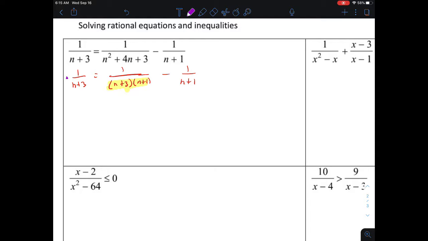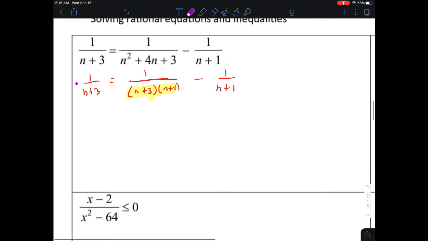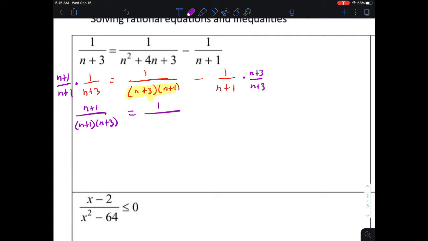So I'm going to do my adjustments: multiply the fraction on the left side of the equal sign by n plus 1 over n plus 1, and the fraction on the far right has got to get multiplied by n plus 3. Then we'll rewrite everything. We have n plus 1 over the product n plus 1 times n plus 3 is equal to 1 over n plus 3 times n plus 1 minus n plus 3 over the product n plus 1 times n plus 3.